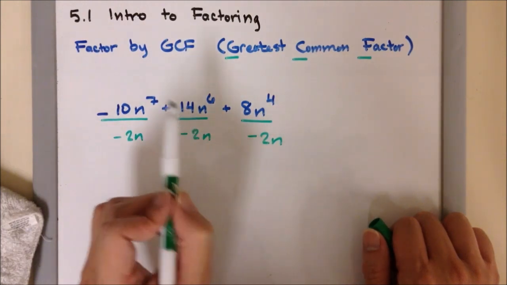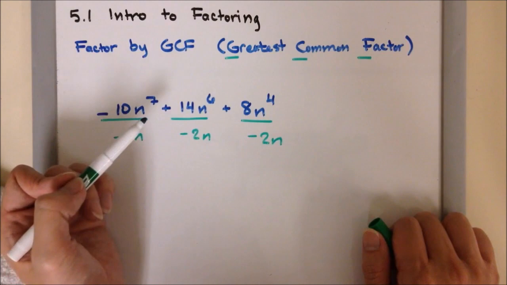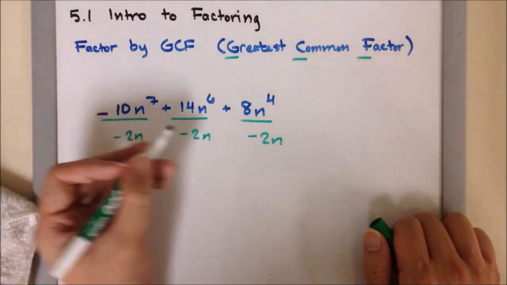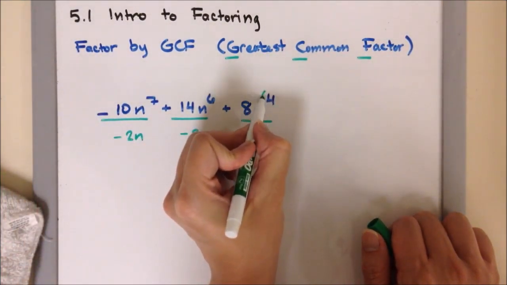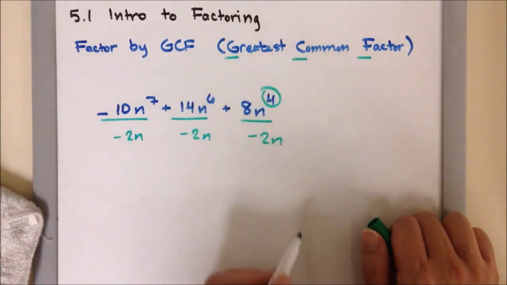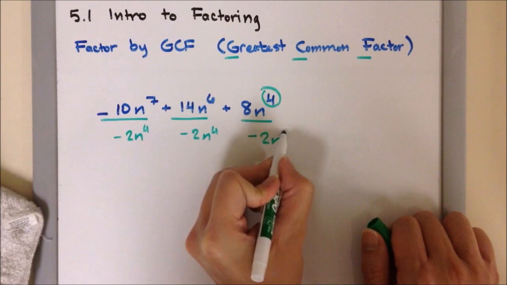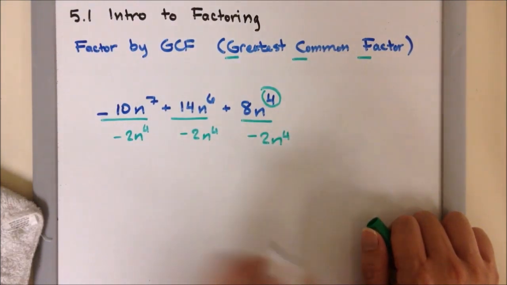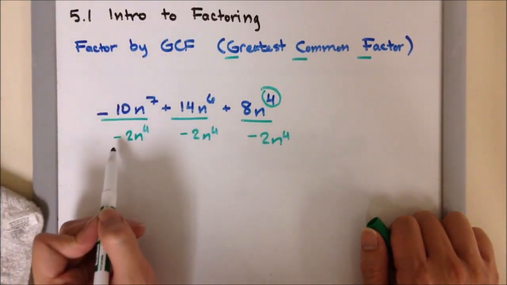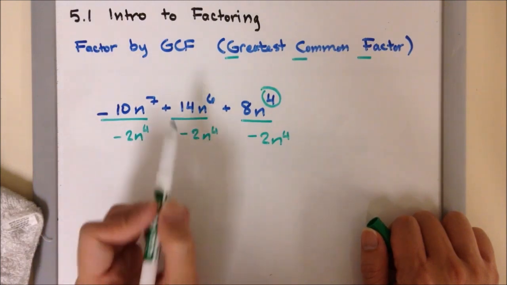So when we are factoring by GCF, when we undistribute, we're always going to divide by the lowest exponent. So I'm going to put to the 4th here, to the 4th here, to the 4th here. So my GCF, my greatest common factor, is negative 2n to the 4th.